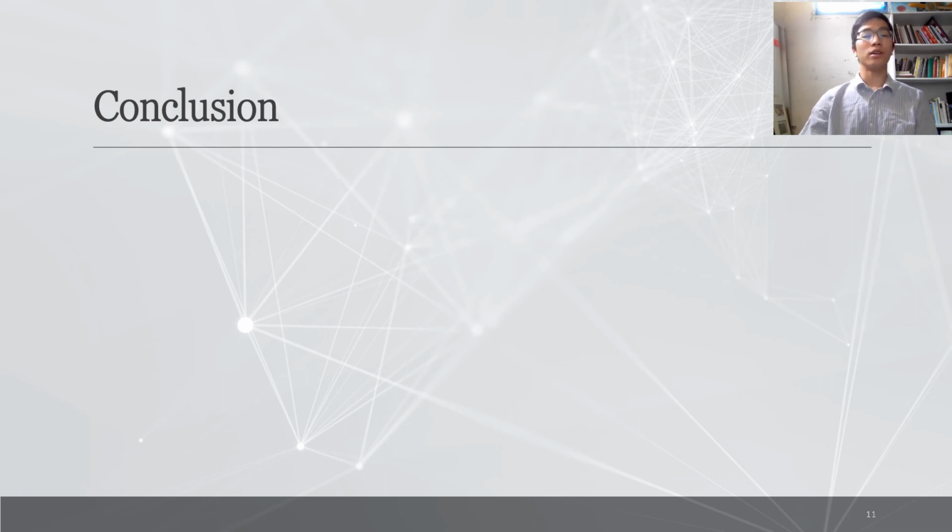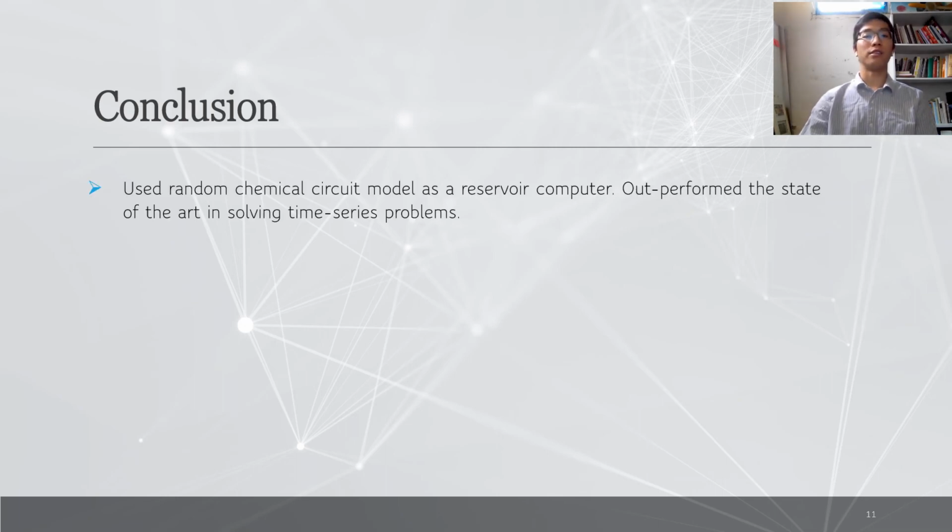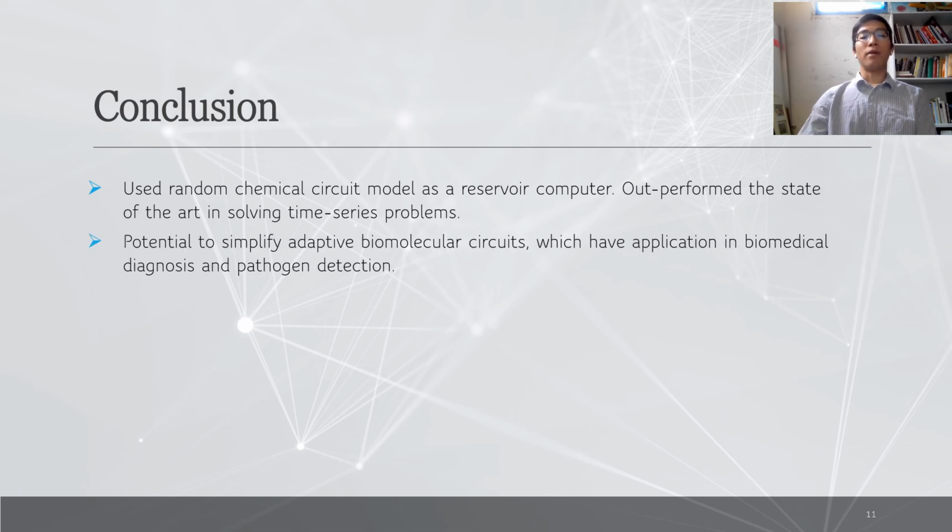So to conclude, here's what we did in our project. We used a random chemical circuit model as a reservoir computer, and this model has outperformed the state of the art in solving the time series problems, as demonstrated in the last slide. This model also has the potential to simplify the way we build adaptive biomolecular circuits, and we hope to have application in biomedical diagnosis and pathogen detection.